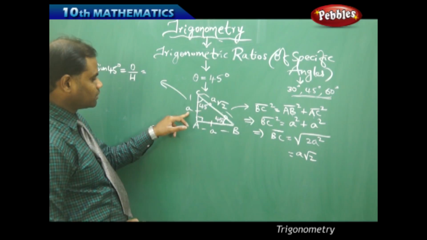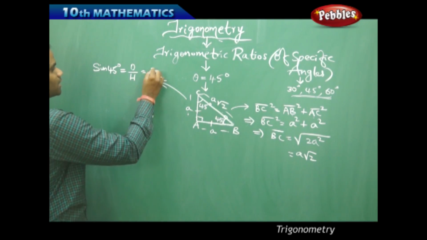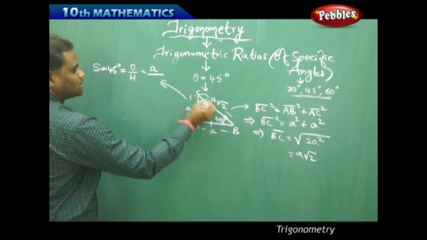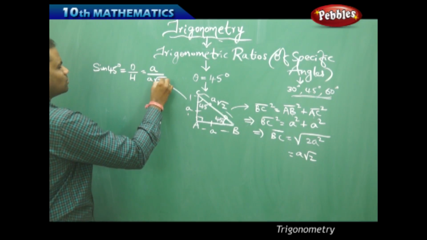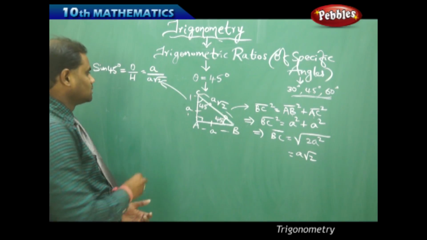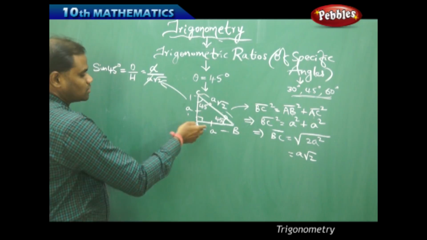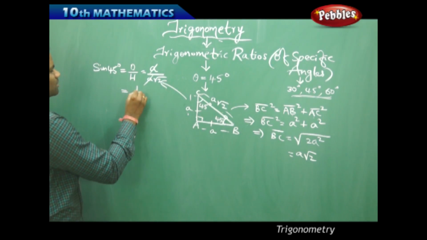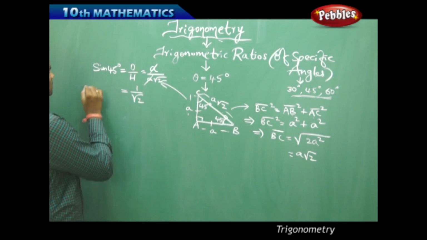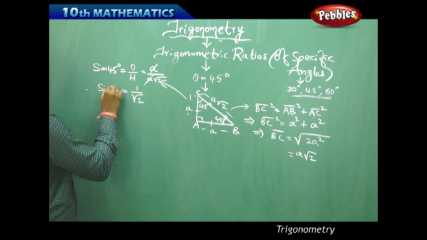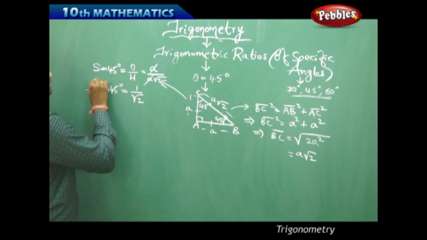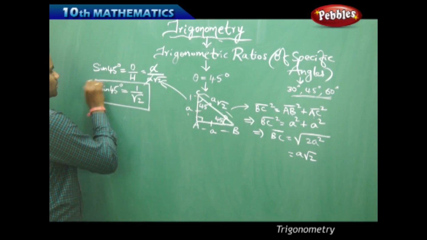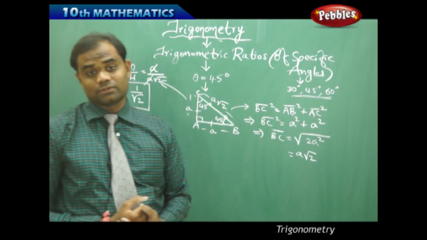Opposite to 45 is the opposite side, which is A, and the hypotenuse is obviously A root 2. So cancelling A, which is non-zero because this is the length of the side, I get 1 over root 2. Therefore, sine 45 degrees is 1 over root 2, is how we derive sine.